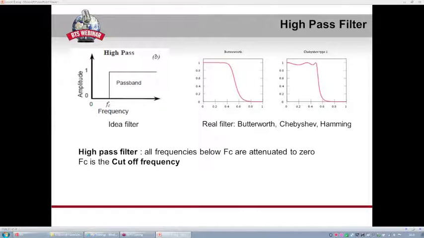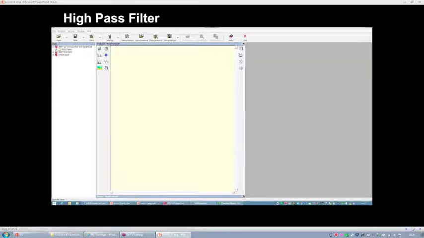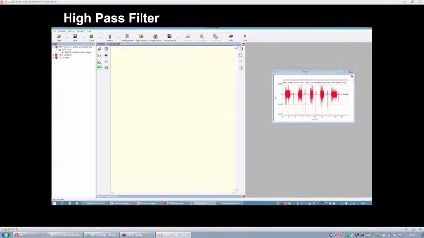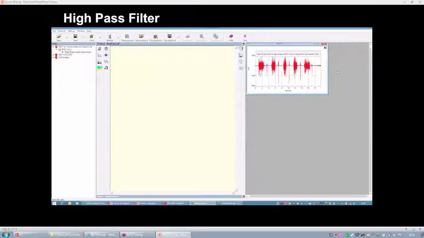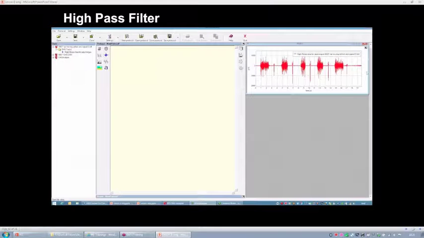Let's now show you how to apply a high-pass filter to a signal by means of our application. In this example, I have voluntarily created some low-frequency artifact noise, which is the one I'm showing on this graph.